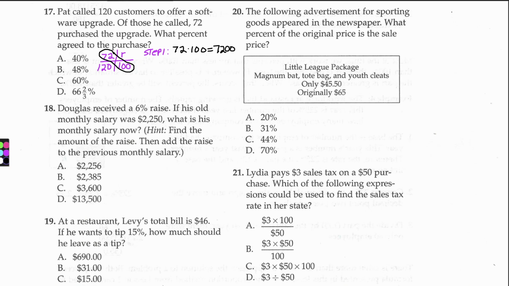And step number 2. For step number 2, we will have to divide the answer, which is the 7,200 here, divide that by 120. And how we do that is we are going to cancel out this 0 with that 0. And what's next is we are going to divide 12 into 720.